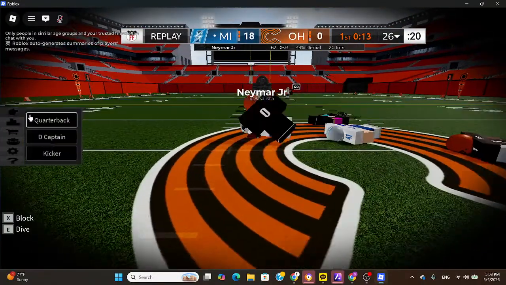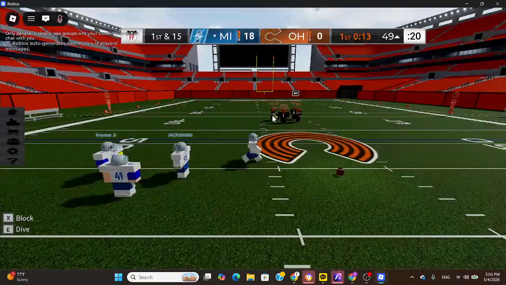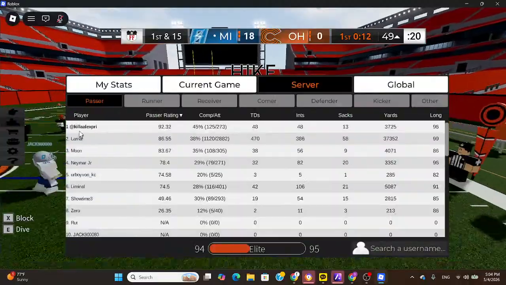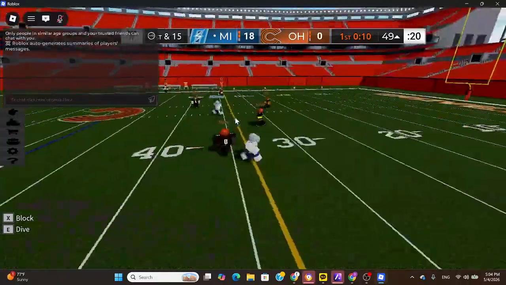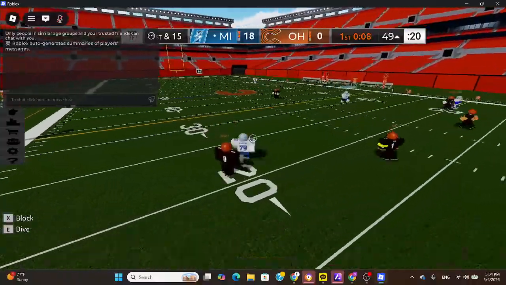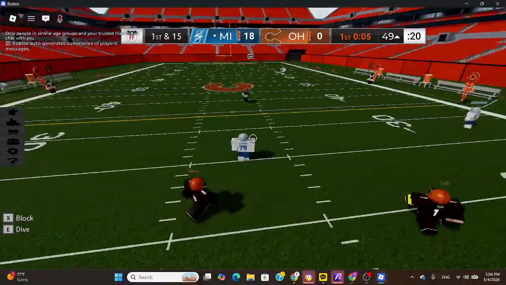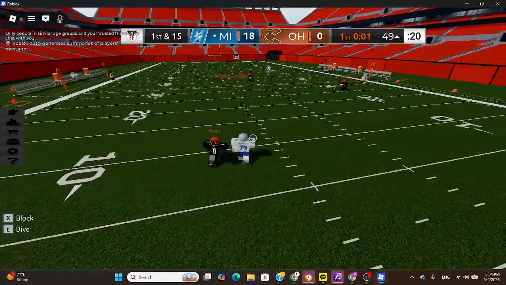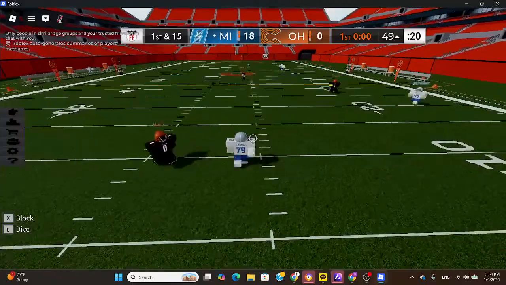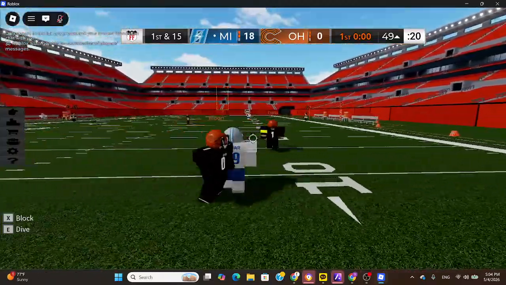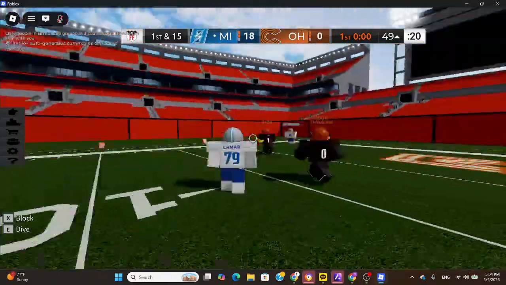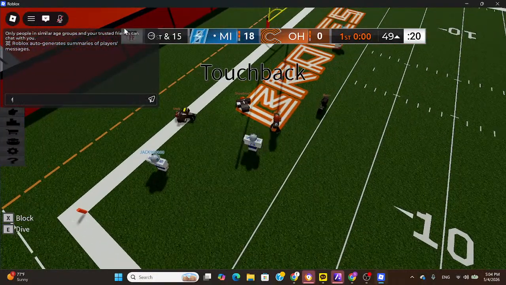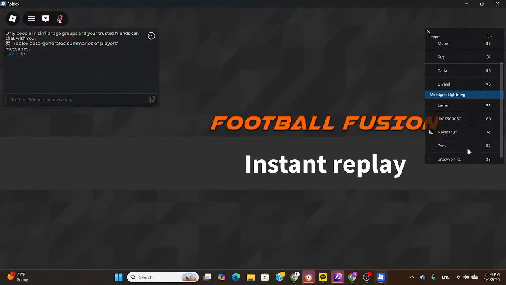What was that? What in the world was that? Oh, Neymar right here. I got you. I'm open. That's a friend pass much.